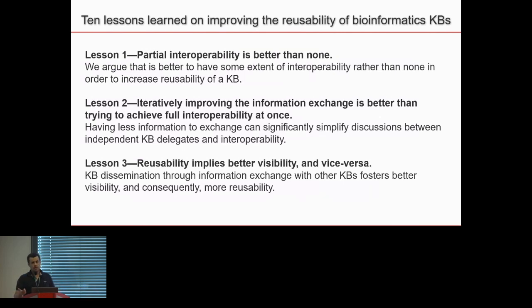And if you also provide provenance and agree on it with the delegates of the external database, the users of that community can come back to the original data source and increase the number of users of your original data source, and consequently the data reuse as well, because they will discover all the information contained in your knowledge base.